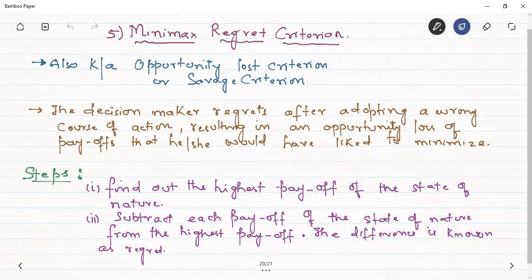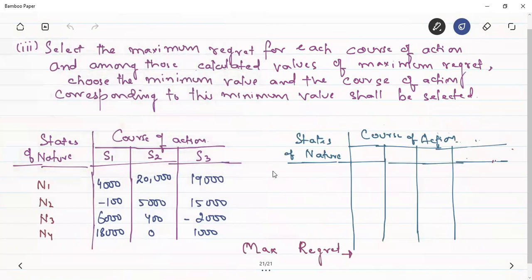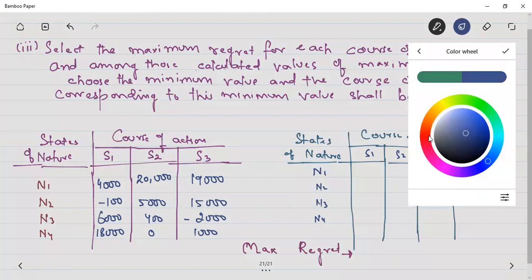This difference is known as the regret. So we can see that again here. This is N1, this is N2, this is N3, and this is N4. So this is S1, S2, S3. What we are going to calculate is the regret. This table is the regret table.